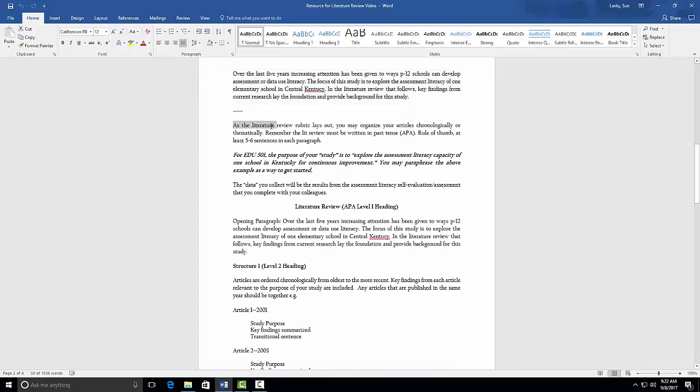As the rubric lays out, you may organize your articles chronologically or thematically. Thus, the task of identifying the links or themes across the various articles that we've read for class in that article summary template. For EDU501, we have a clear purpose that has been assigned to all of us.